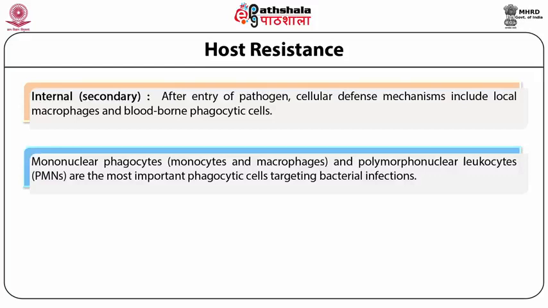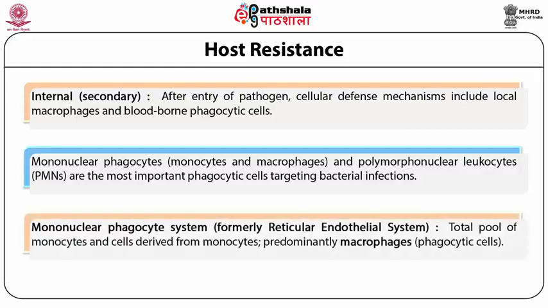So this system, also known as the reticuloendothelial system, is a robust mechanism of phagocytosis of whatever is coming from outside, whether it's a virus or bacteria. Everything is destroyed by the body to prevent disease from happening.